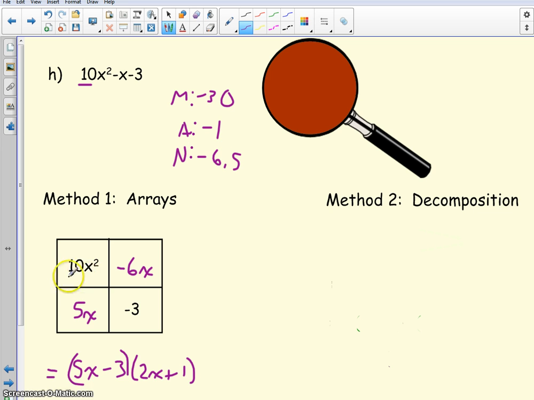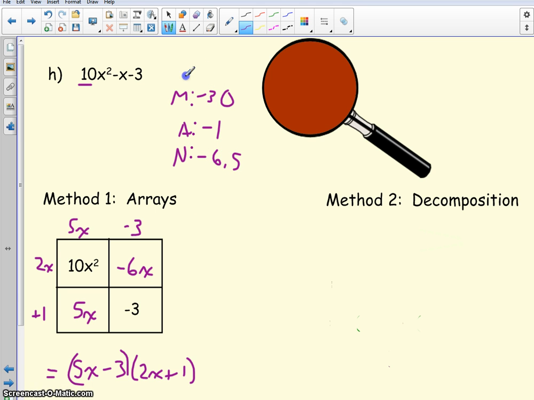So knowing here that you have 10x squared, your only real options are to have 5x and 2x or 10x and 1x. The only way you can get these numbers to work out is if you have 5x here and 2x here. Okay, 5x times what gives me 5x? It's 1, so I get positive 1 here. 2x times what gives me minus 6x? Minus 3. And again, I get the same answer in the end.